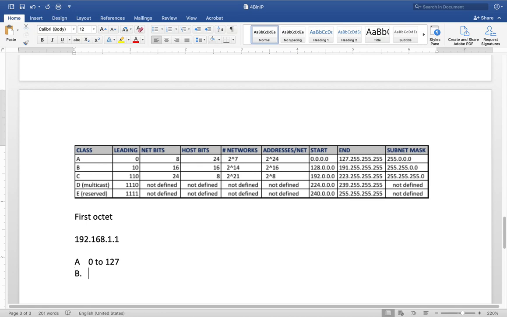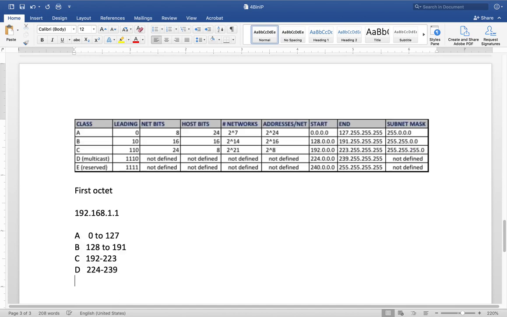If it is 128 to 191, it is class B. If the first octet is from 192 to 223, it is going to be class C. If it is 224 to 239, it is class D, and if it is 240 to 255, then it is class E. Starting addresses for class A are 0.0.0.0 to 127.255.255.255.